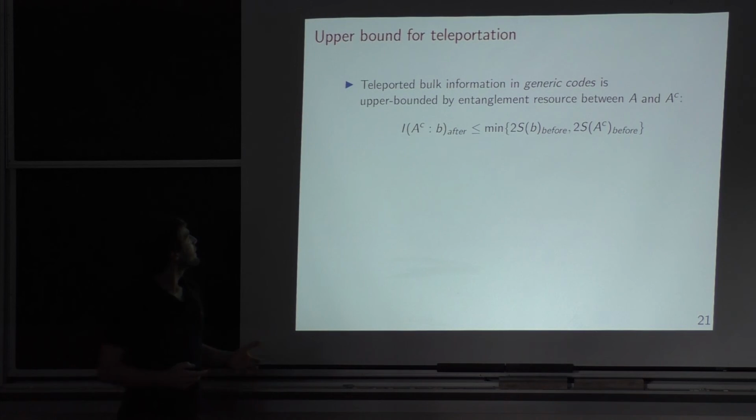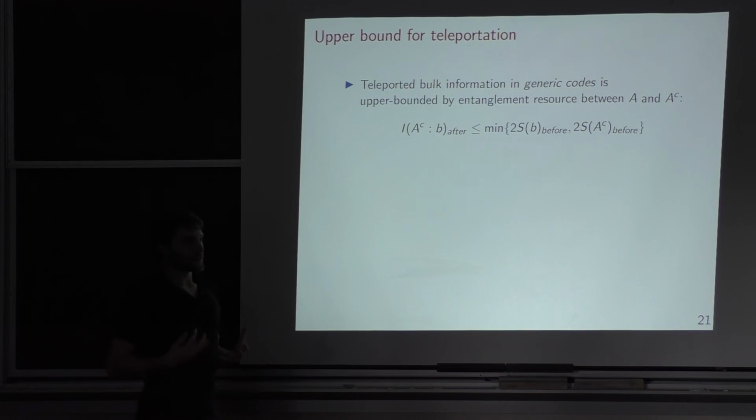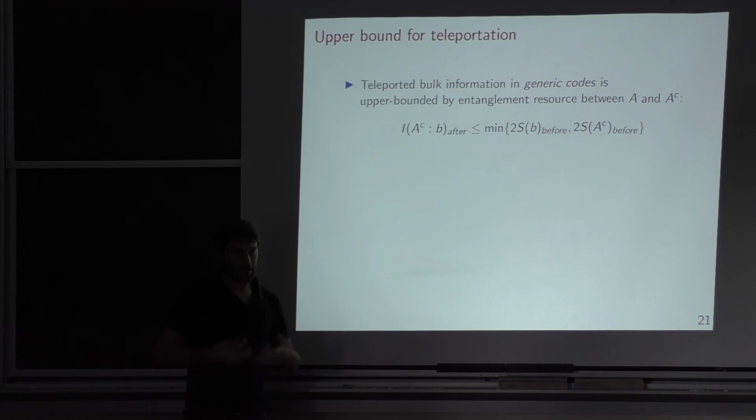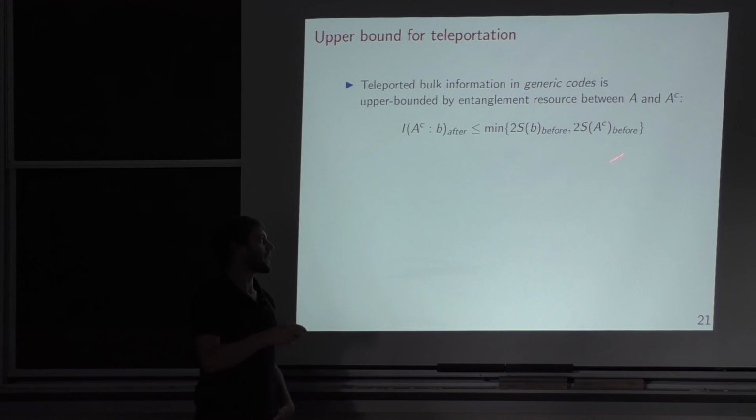There might be some specific bases where this works, but it's not clear. So let me mention there is an upper bound for this teleportation, of course, which is what Rafael was talking about before. Essentially, you can only teleport information if you have enough entanglement resource to do it. So there's a corollary the paper proved, which tells you that the mutual information between the remaining region and the bulk qubits after measurement is bounded by the minimum between the bulk entanglement entropy and the entanglement entropy of region AC.